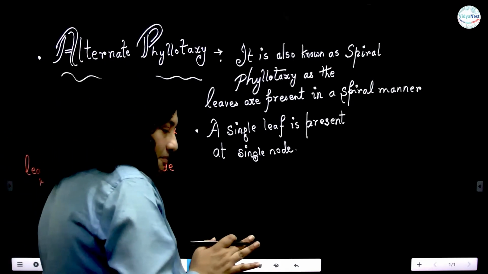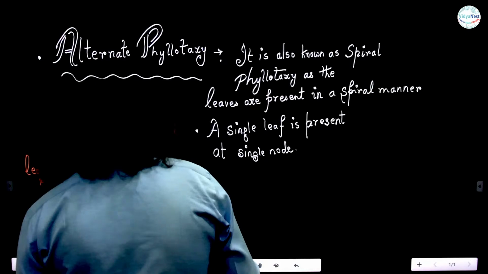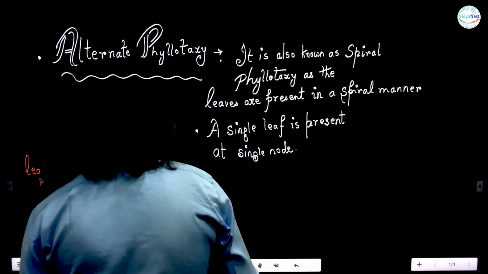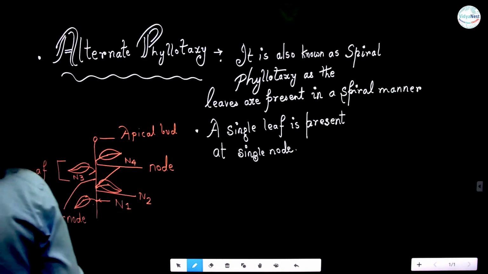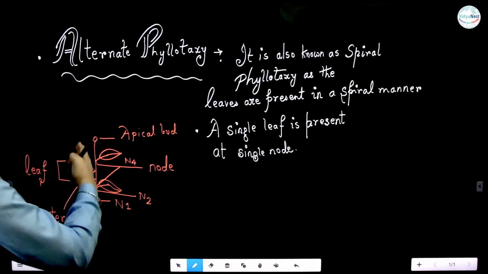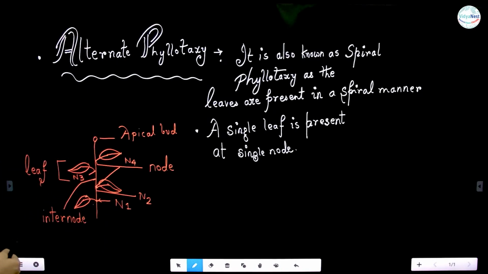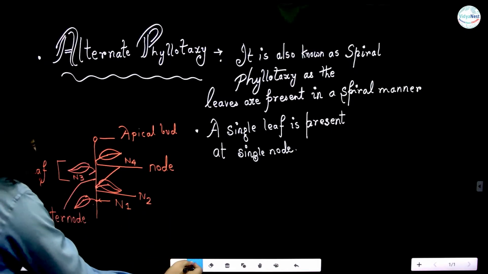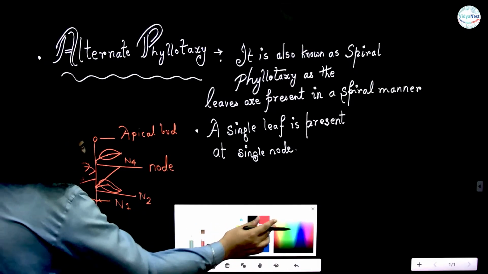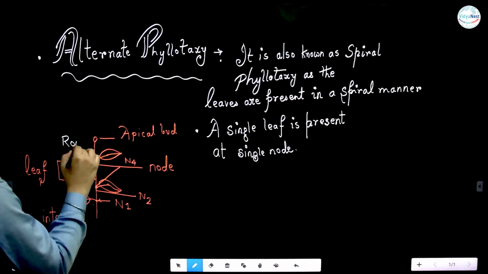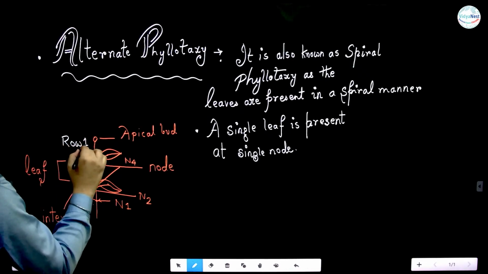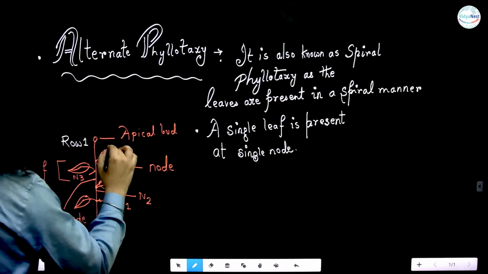Clear? So here we can see, in the above arrangement of the leaves on the stem, the leaves are arranged in 2 rows. Suppose this is one row. I'm taking some other color. This is row 1, and this is another row, row 2.